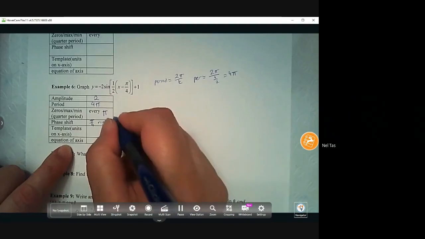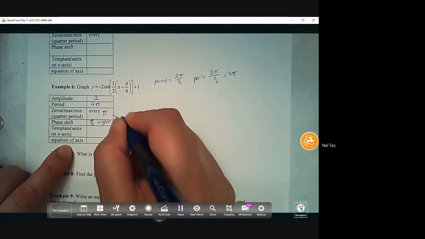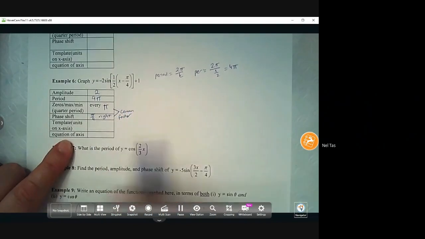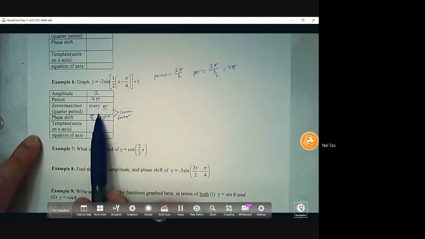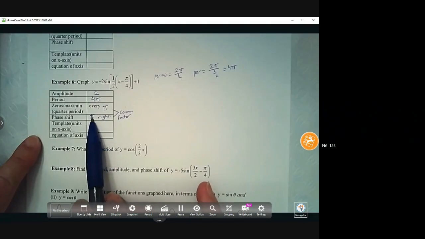Template, as you know, we take the common factor between the quarter periods and the phase shift. When you're taking the common factor, remember, you look at the denominators and write both of them with the same denominator.